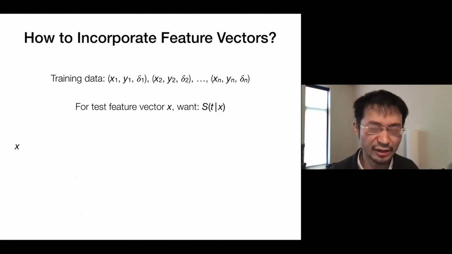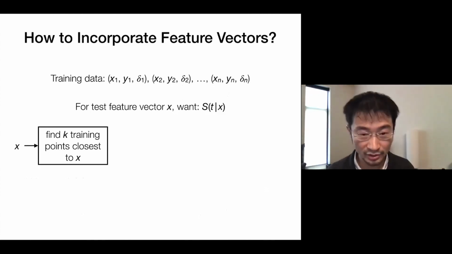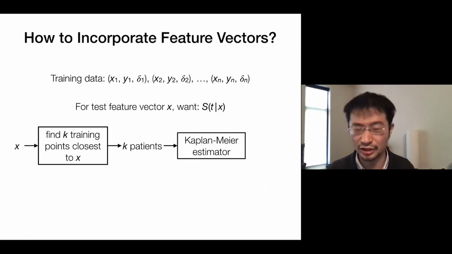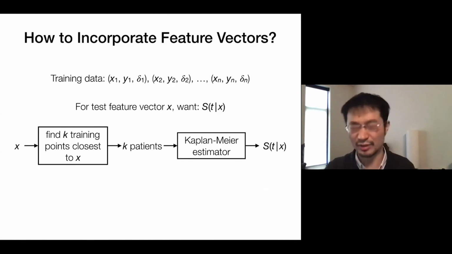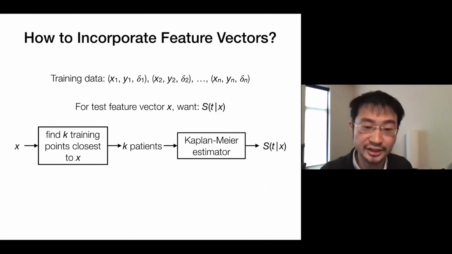For a test feature vector, we want to get the survival curve out. What we can do is the following. We get our test feature vector x and find the k closest training points to x. Then for these k training patients, I'm just going to shove them through the Kaplan-Meier estimator. I use the exact same Kaplan-Meier table you saw earlier to compute the survival curve, but it's restricted to only look at these k closest patients.